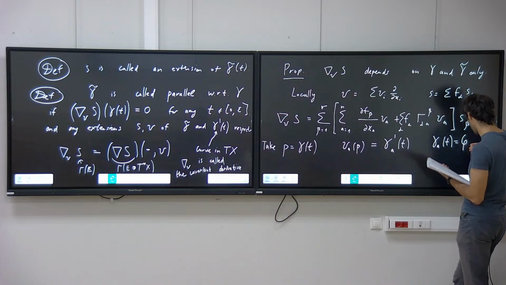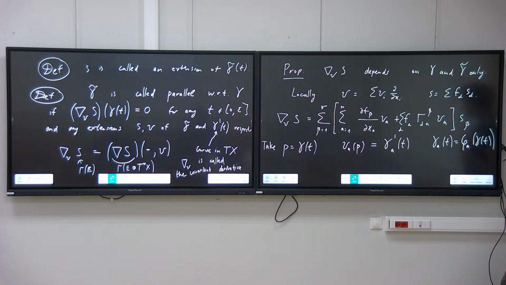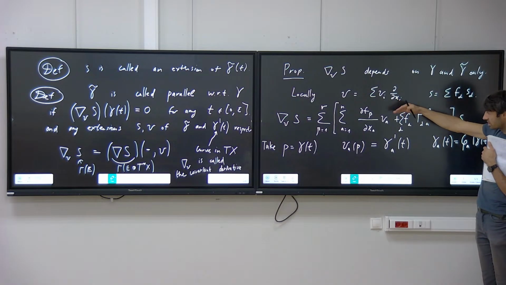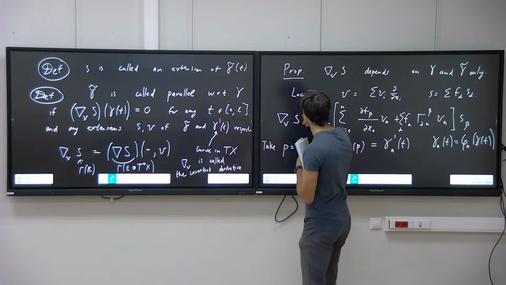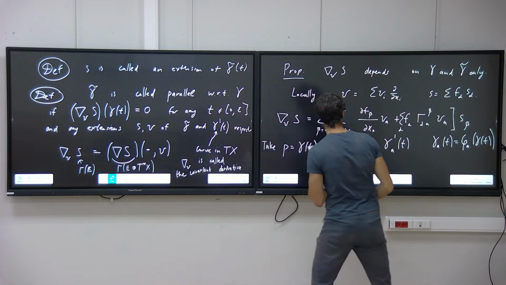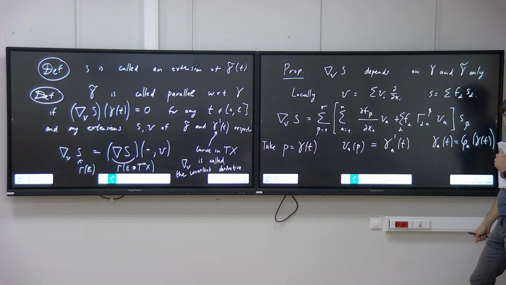So I have phi A composed with gamma of t. So this is my gamma A, just from the definition. So this is an extension of gamma prime of t. Remember? So this is an extension of gamma prime of t. And because of that, the A of p is just like that at the point t, at the point gamma of t.